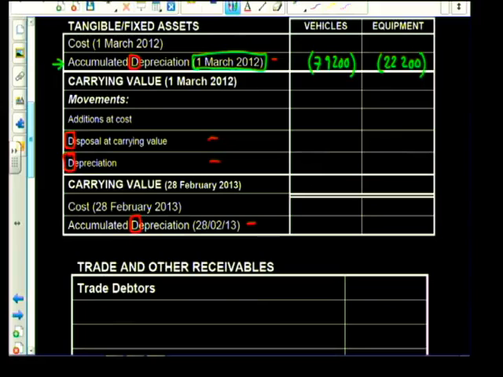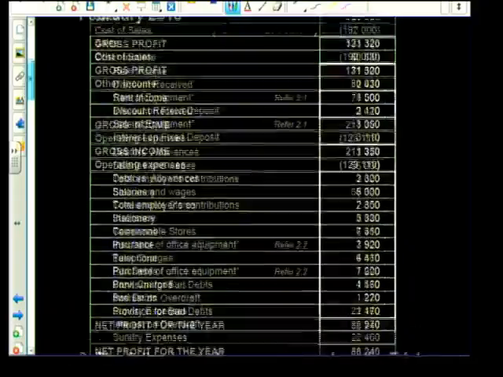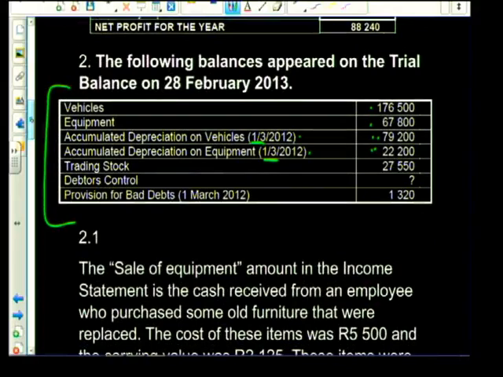Now we need to find the cost price on the 1st of March 2012, for vehicles as well as for equipment. If we go back here, we will see the cost price for vehicles over here and the cost price for equipment over here: 176,500 for vehicles, 67,800 for equipment. But they are telling us that those are the balances on the 28th of February 2013.